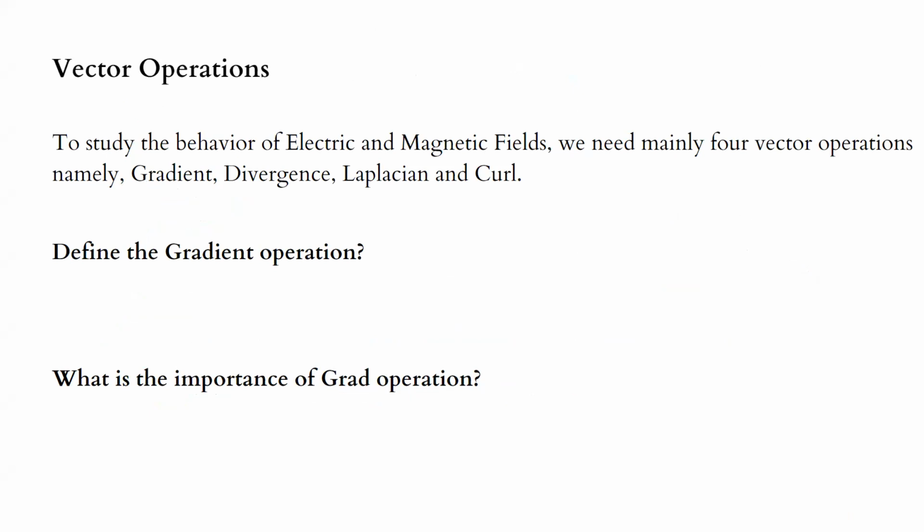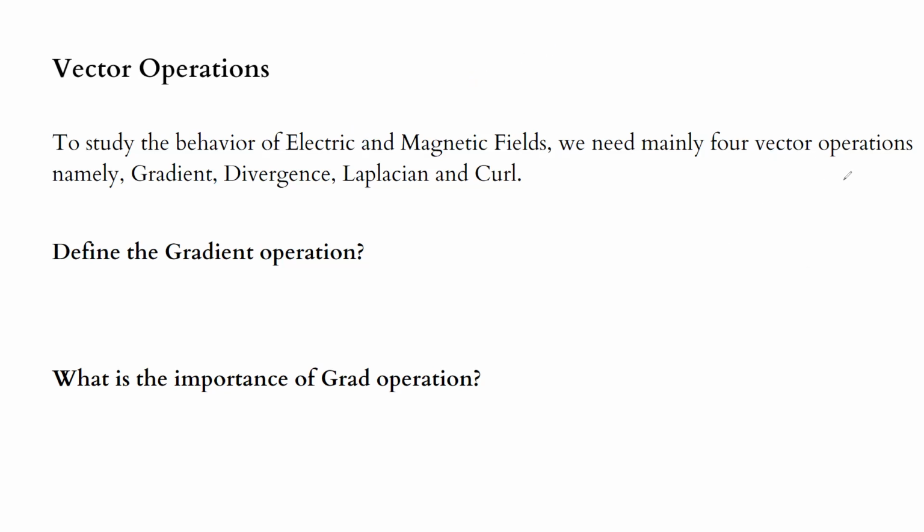Apart from that, we also need to use some operations on vectors which are specifically defined using a certain mathematical notation, right? So we will discuss each of these vector operations.